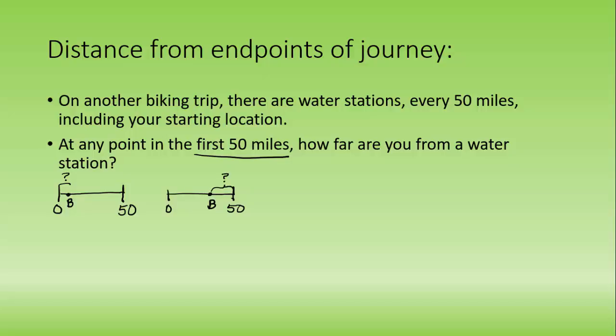So we're looking for the distance between you and the closest water station. In the first example, that would be B minus 0, which is just B, right? And in the second situation, we would want to know the distance between you and the 50-mile marker, so we'd do 50 minus B.